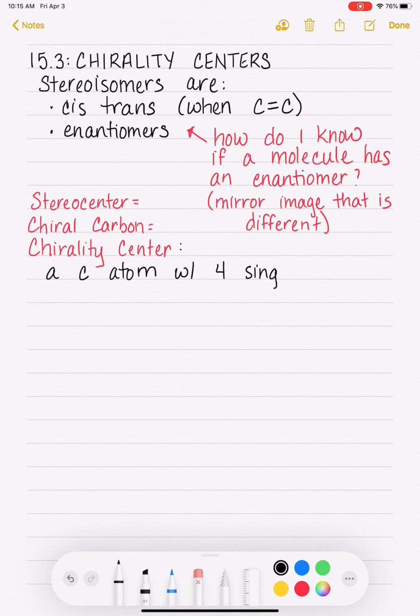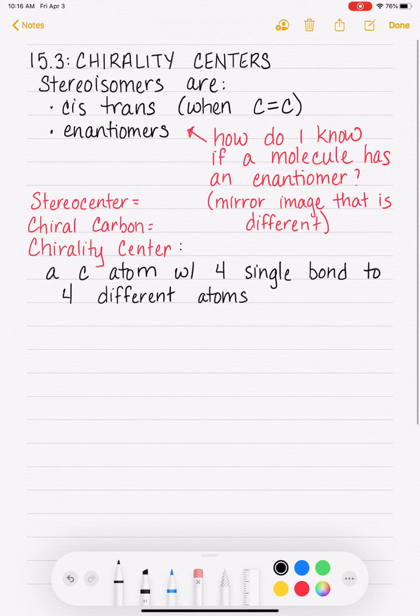It can't have any double bonds or triple bonds. And those 4 single bonds are to 4 completely different atoms or groups of atoms.